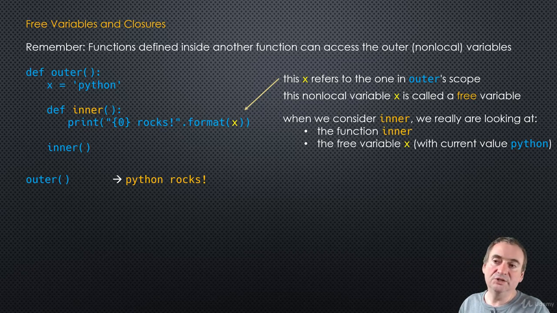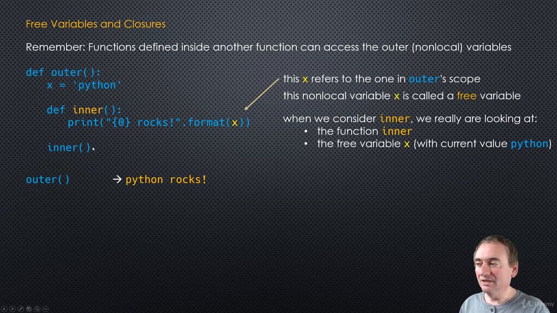So when we consider inner, we're really looking at two things, right? We're looking at the function inner, but we also have this x. The inner function has its local scope, but x is not in the local scope of inner, it's living somewhere else. It's this free variable that's living outside of inner.